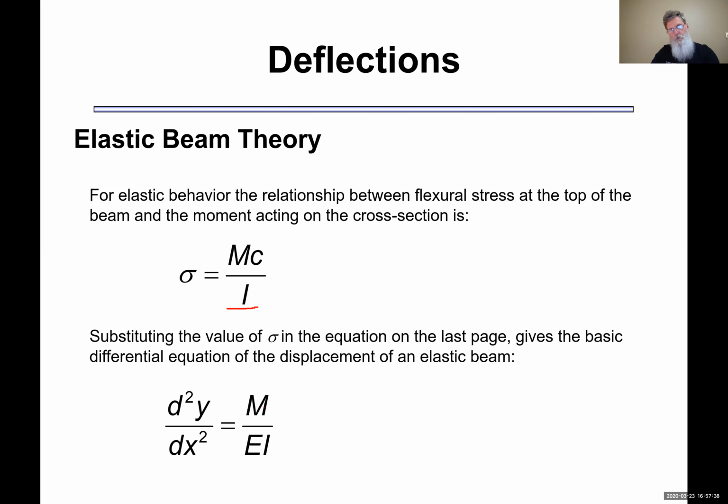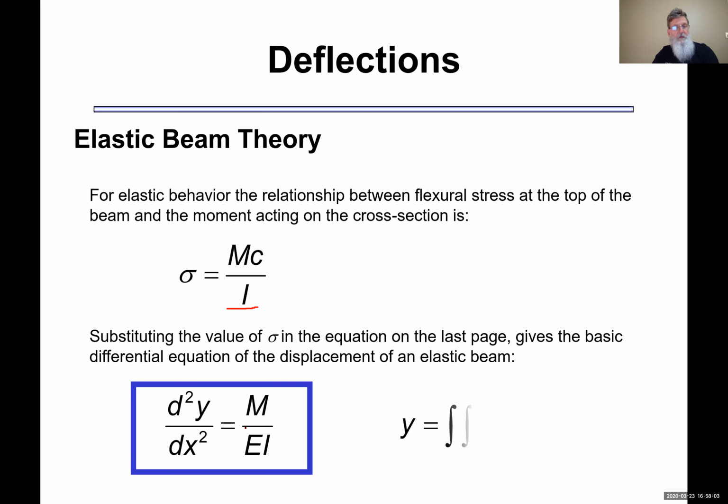So this is a lot of work. We've gone through quite a few minutes here of discussion, actually me talking. And now you see that the second derivative of displacement is equal to M over EI. That's pretty powerful because you can write moment expressions. You've written equations for moments as a function of x. And now you can see that that really is the second derivative of displacement. So if I integrate both sides twice, I can get an expression for displacement.